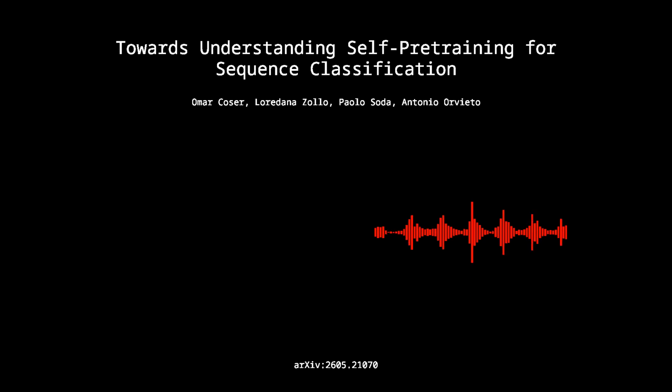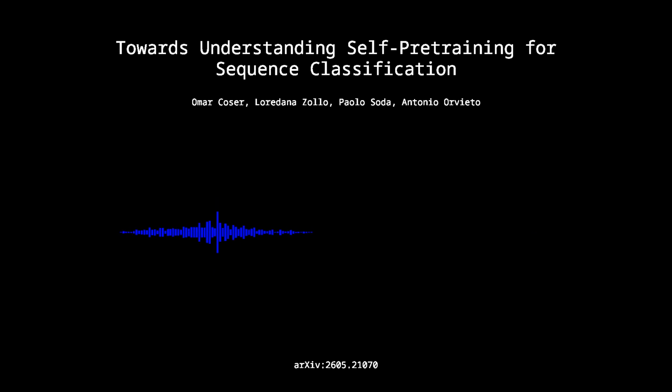We are dissecting a May 2026 paper titled Towards Understanding Self-Pretraining for Sequence Classification, authored by Omar Coser, Loredana Zollo, Paolo, and Antonio Orvieto. And this paper stands out because it refuses to just accept empirical benchmark successes as a given. The authors actively deconstruct a known optimization anomaly, stripping away the complex architectural noise.